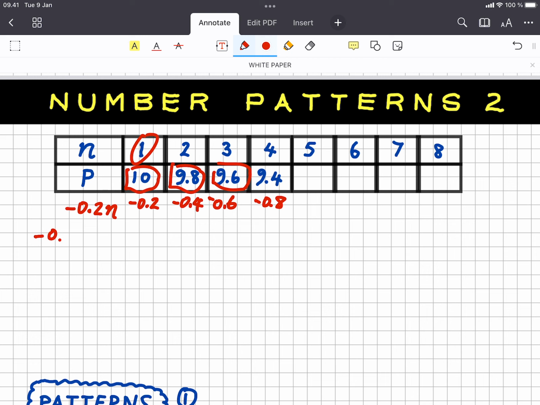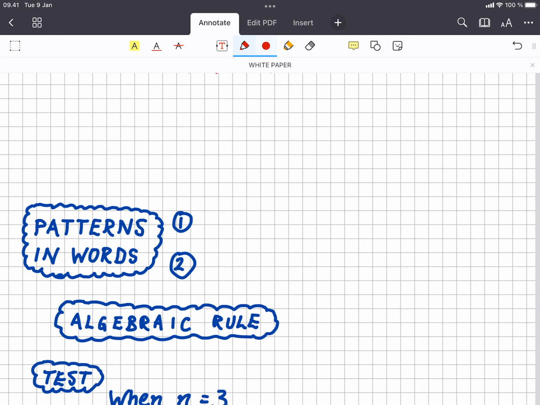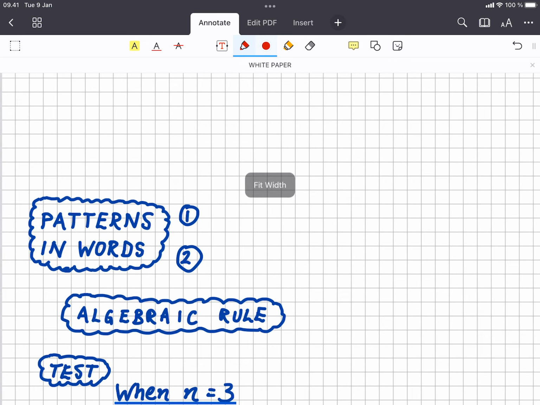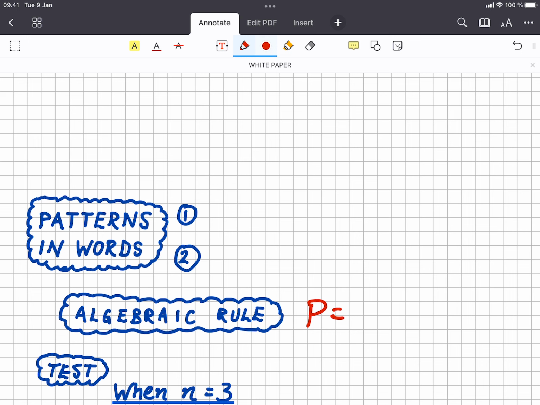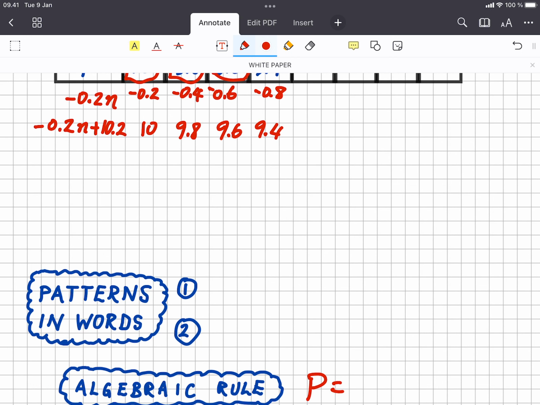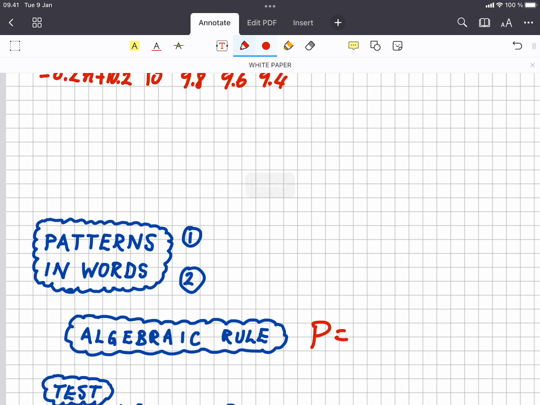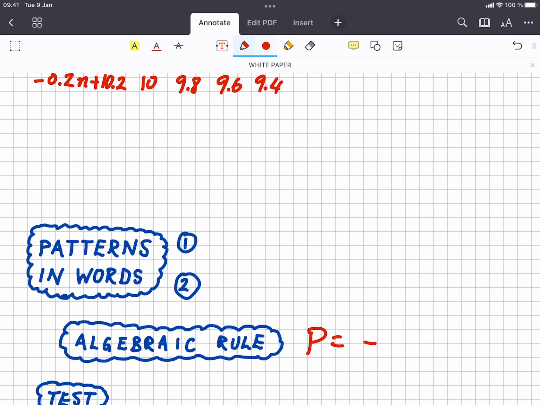So if we make that minus 0.2n plus 10.2, then we do indeed get the numbers we want, 10, 9.8, 9.6, 9.4, and so on. So the algebraic rule is P equals, don't forget to write it as a whole thing, something equal to something else. P equals minus 0.2n plus 10.2.